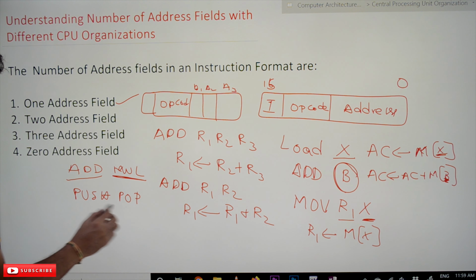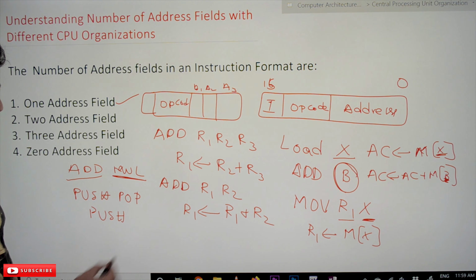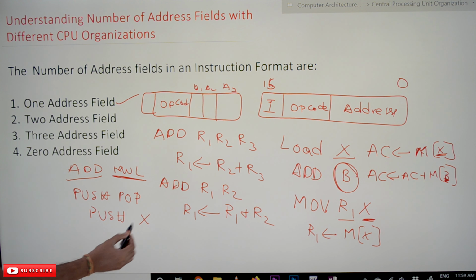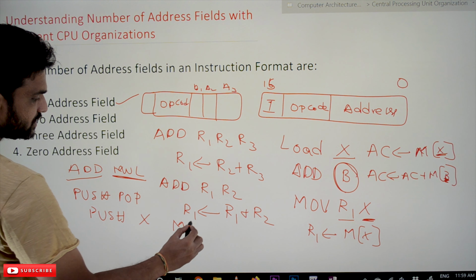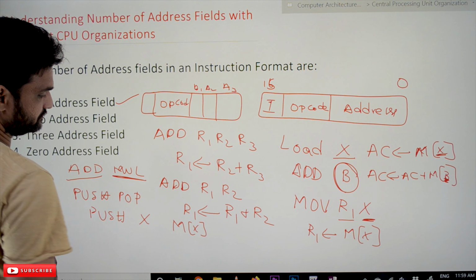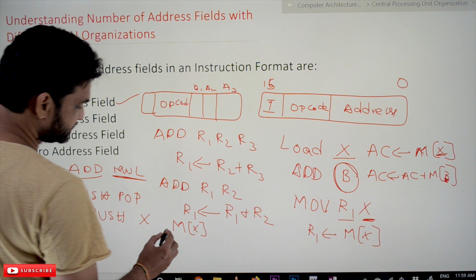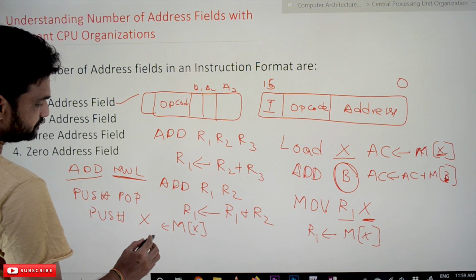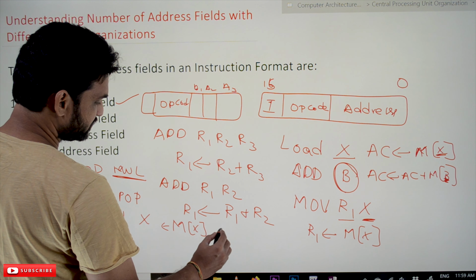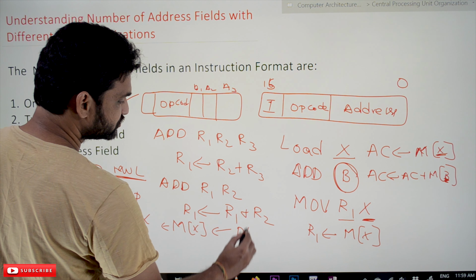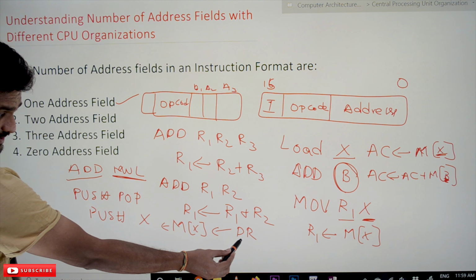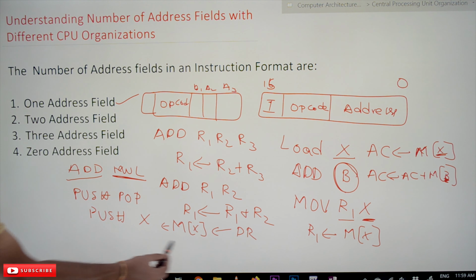Here, let's try to understand push and pop. Here it is the instruction format push comma X. So what it means is, the value that is stored on the data register has to be pushed onto this memory location X. This is what we call the push operation.